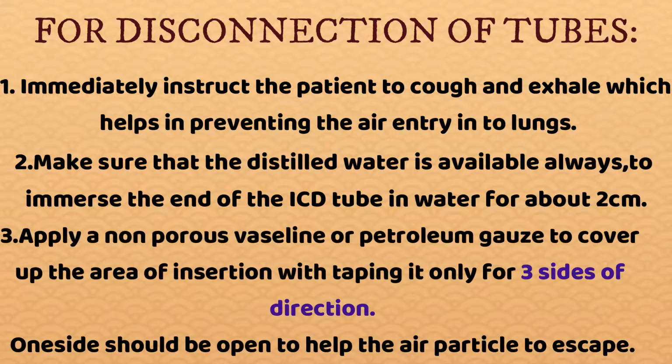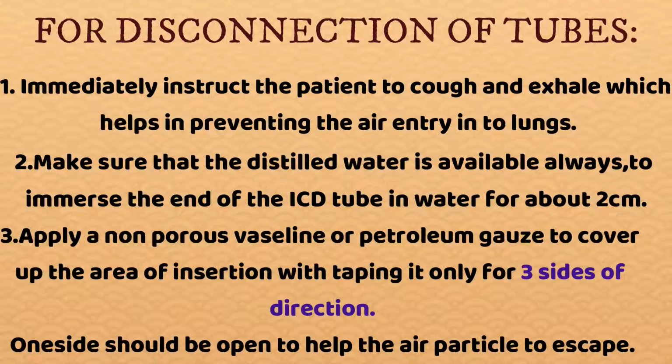Then we have to apply the dressing. The dressing is also very important. Keep in mind that Vaseline gauze or petroleum gauze dressing can be applied, but it's taped on only 3 sides. The fourth side should not be taped, because when the patient is inhaling, the pressure will close the dressing fully over the area.